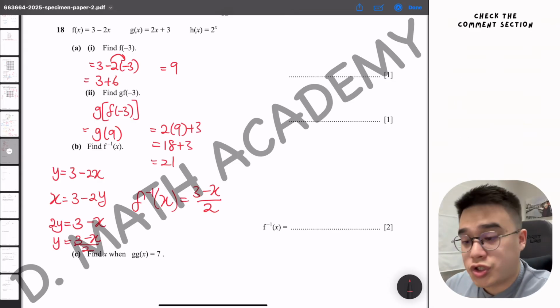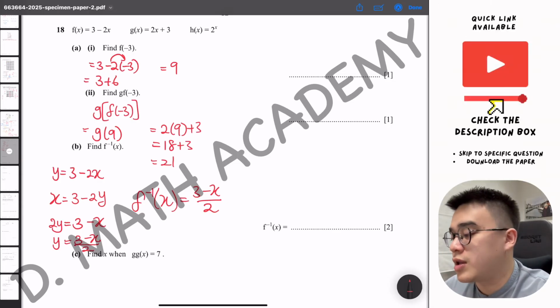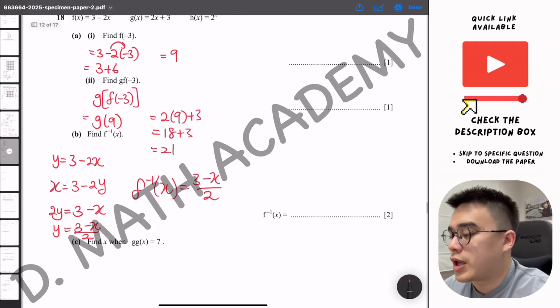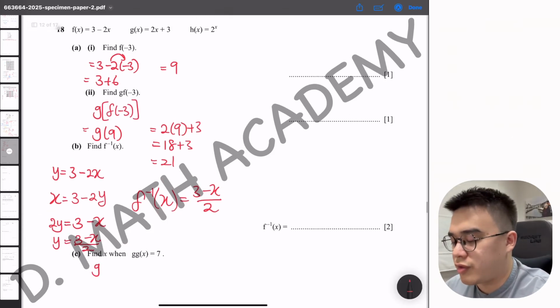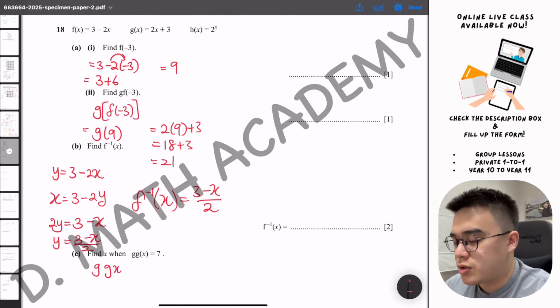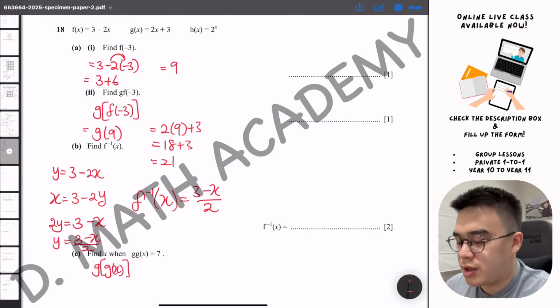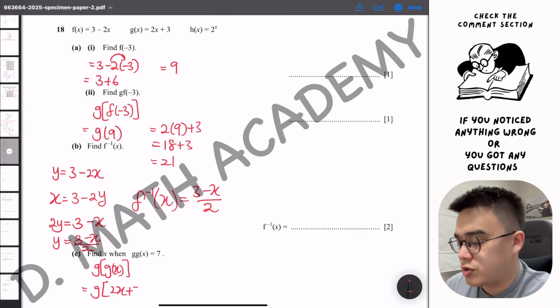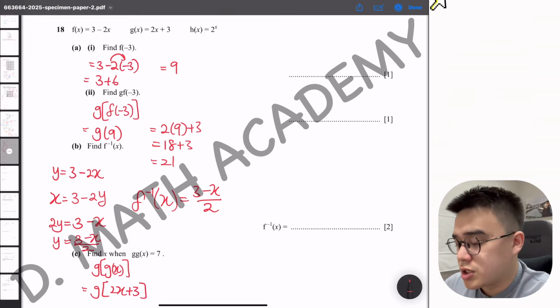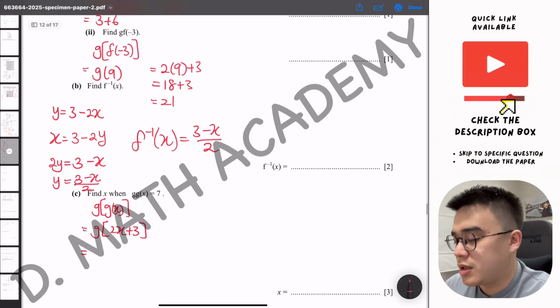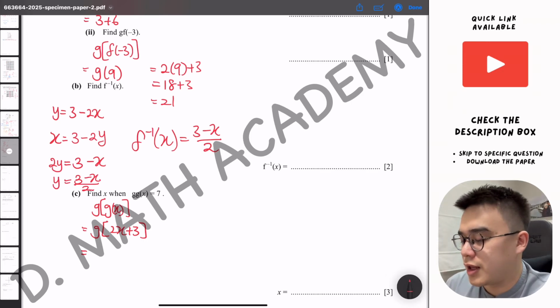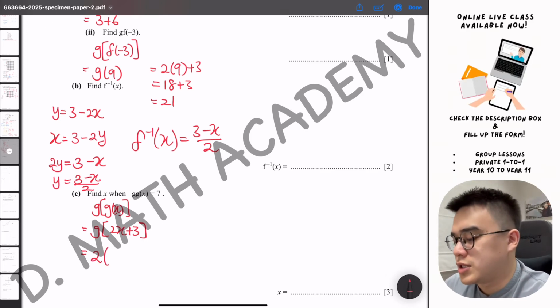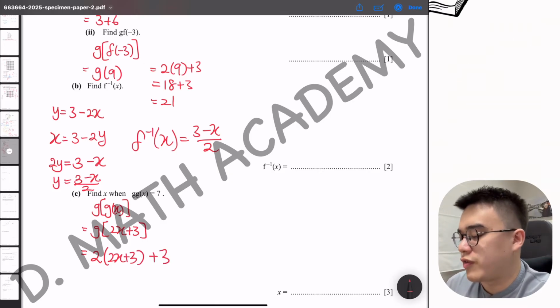Next question is gg(x) equals to 7. If you're new to this or you don't feel confident about it, try to have this habit: write it out again, remind yourself that you are trying to replace. So with this set in, you're going to put it into the equation again, just that the 2x minus 3 plus 3 is what you filled in.